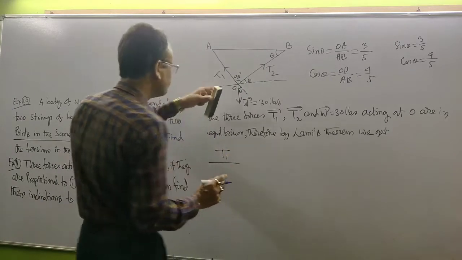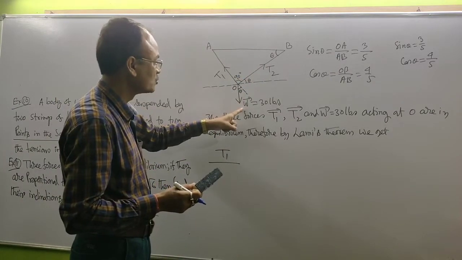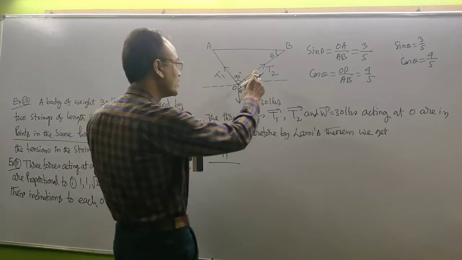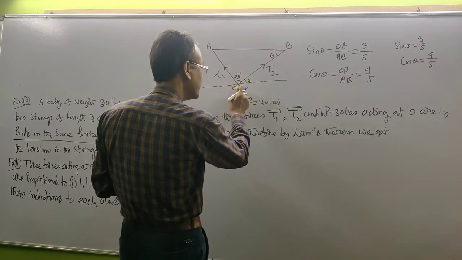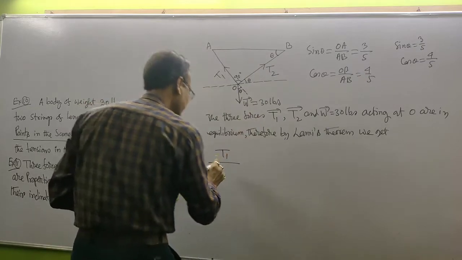T1 divided by the sine of the angle between T2 and W. What is the angle between T2 and W? This angle is 90 degrees plus theta.